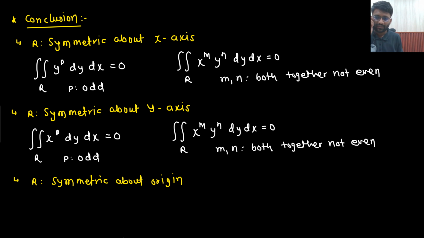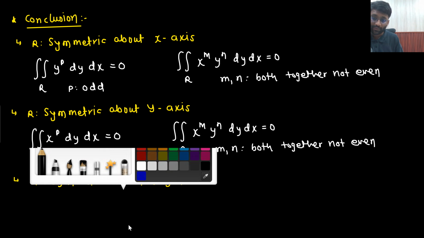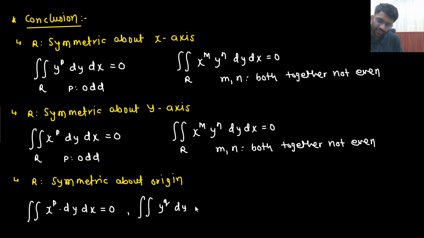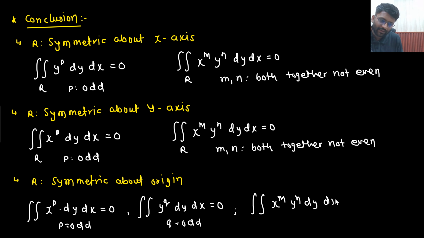The scenario would be that you take all of them: x to the power p dy dx equals 0, y to the power q dy dx equals 0, where p is odd, q is also odd, and x to the power m y to the power n dy dx would also be 0, where m and n both together are not even.